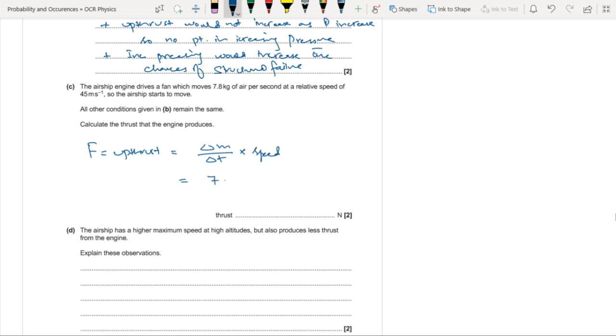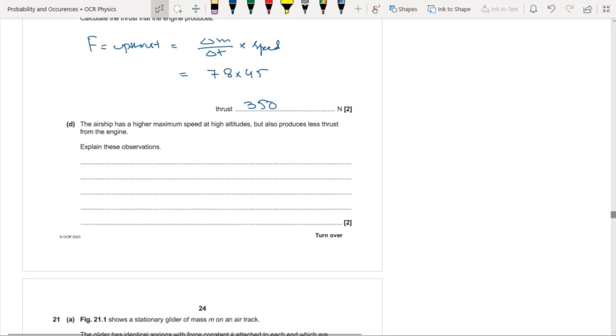So 7.8 multiplied by 45 gives us 351. And if we round it off to two significant figures, it's 350, or 3.5 times 10 to the power 2, sorry.